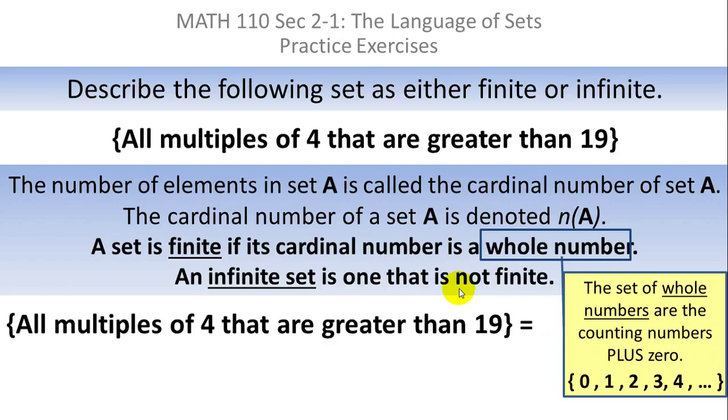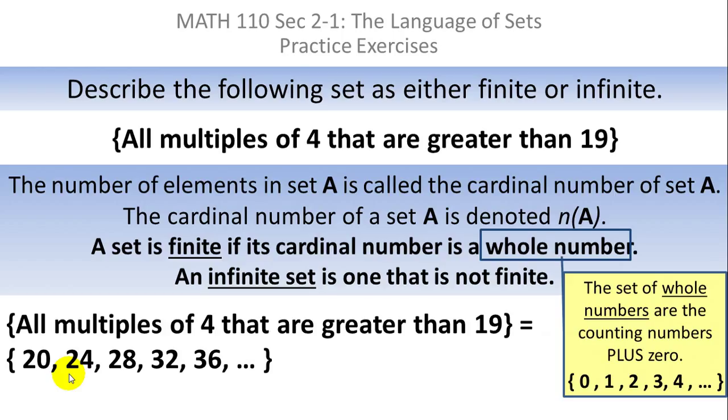Well, what is that? Multiples of 4 are 4, 8, 12, 16, 20, 24, keep going. Well, the first one that's greater than 19 would be 20, and then you would have 24, 28, 32, 36, continuing that pattern. So those are the numbers we're talking about.